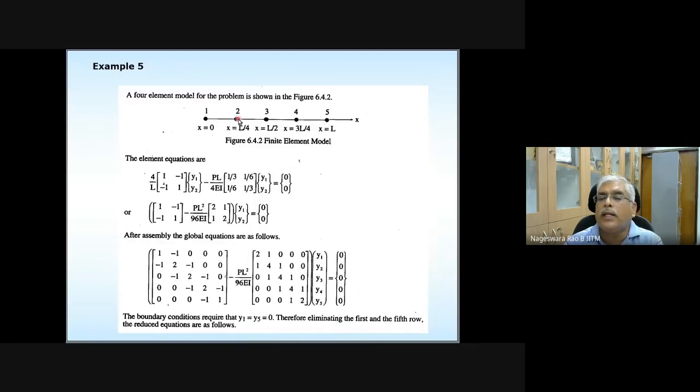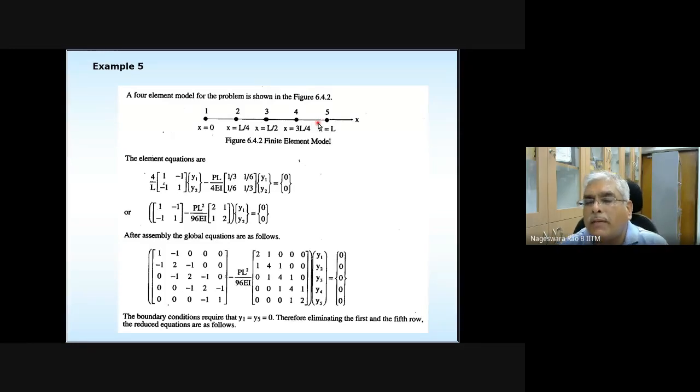Here you see what you did is you have 4 2-node elements. Instead of 4 2-node elements, I can adopt 2 3-node elements. 2 3-node elements also are going to result in 5 nodes, and 4 two-node elements are also going to result in 5 nodes. In a two-node element, how is the field variable going to vary?